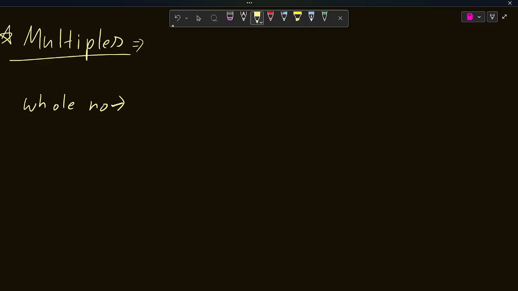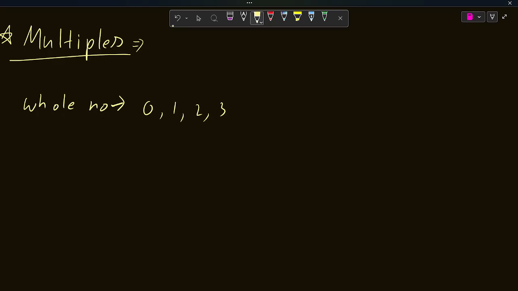You see, all the numbers starting from 0, then 1, then 2, then 3, like so, all the numbers are considered as whole numbers.